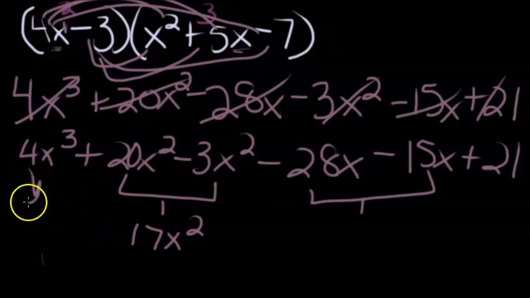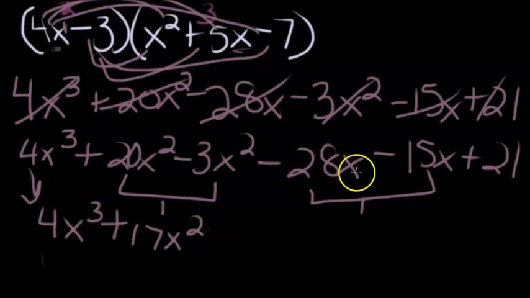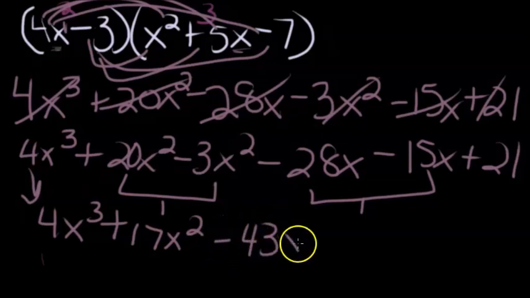All you have to do is bring the 4x cubed down. Now what's negative 28x minus 15x? This one is going to be negative 43x.